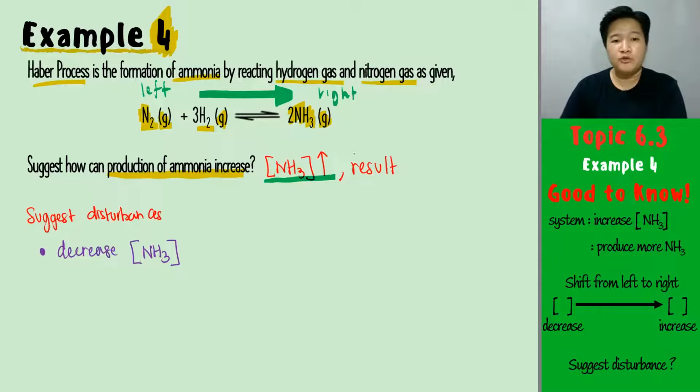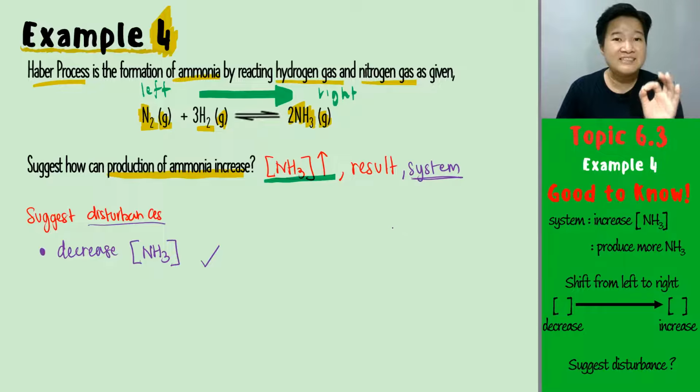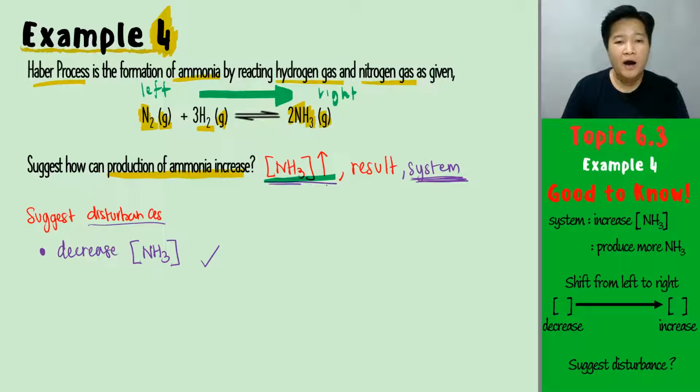So right now, your system wants the concentration of ammonia to increase. So what will the disturbance do? The disturbance will go against it as well. So the disturbance must be decrease the concentration of ammonia. When the disturbance is decreasing the concentration of ammonia, then your system will try to increase it.